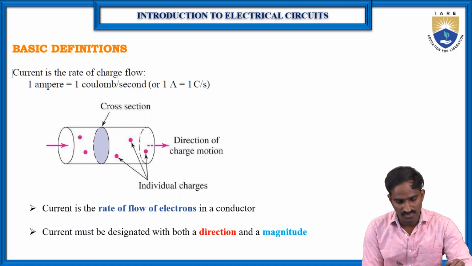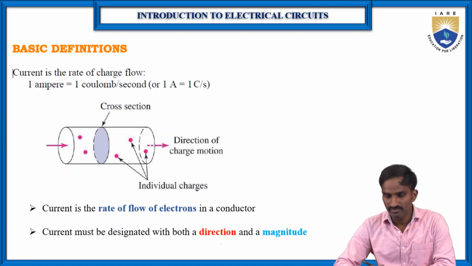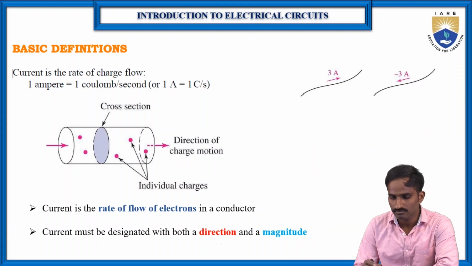The current must be designated with both direction and magnitude. Here you can see there are two cases. In both cases, let us consider that the current flowing through this conductor is 3 amperes.